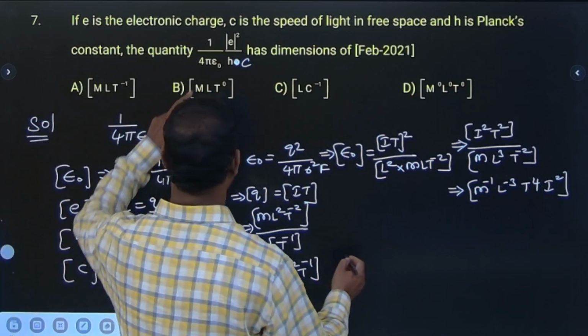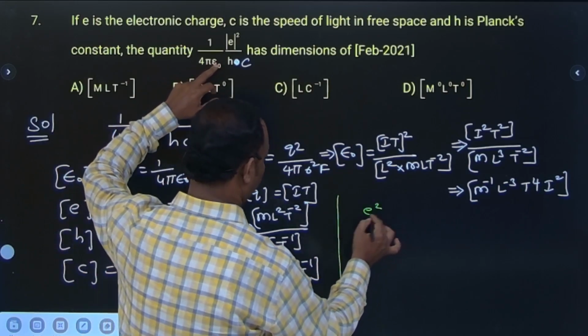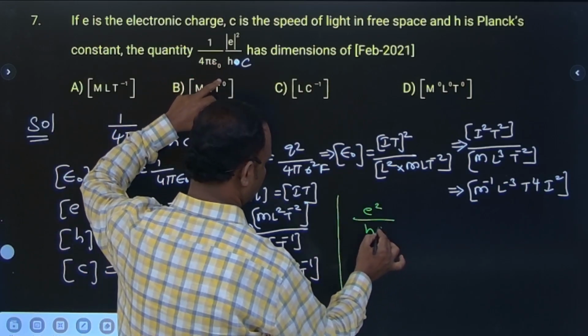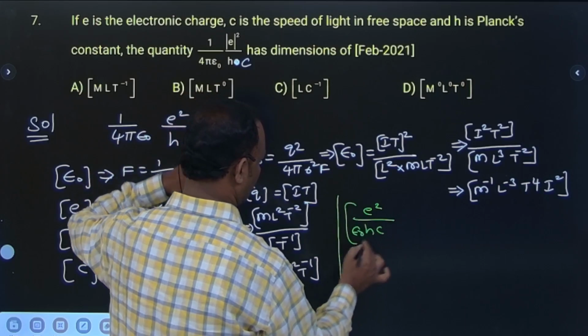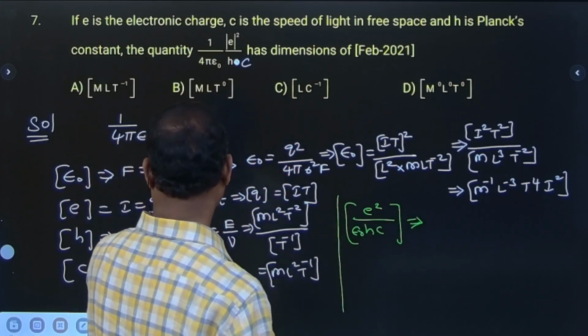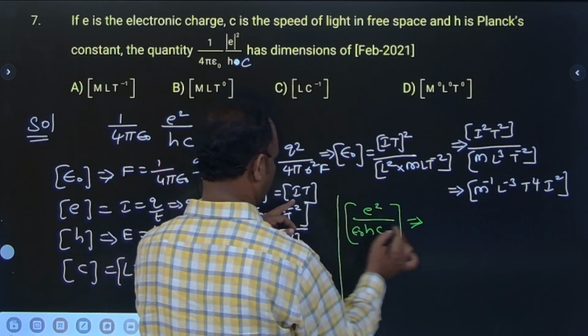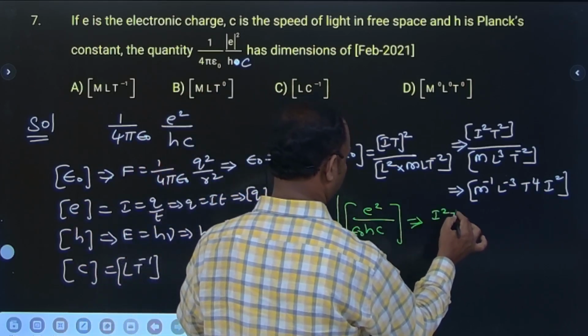Now we can substitute in e square by h c epsilon naught. The dimension formula of e is IT, so e square is I square T square.